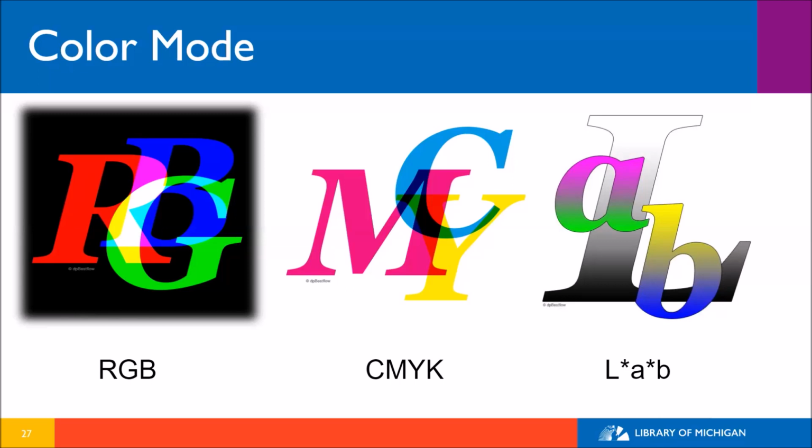So RGB stands for red, green, and blue, and this is additive. This is an additive color mode, meaning that you start with black and you add light to create colors, and the result of all the colors together is white. Now, RGB is what's used for digital photography, computer monitors, websites, etc. Basically, anything you digitize and put into a digital space is likely going to be an RGB color mode.